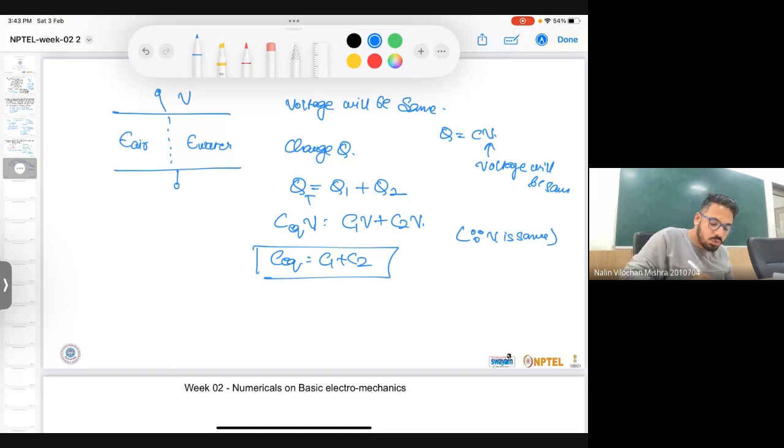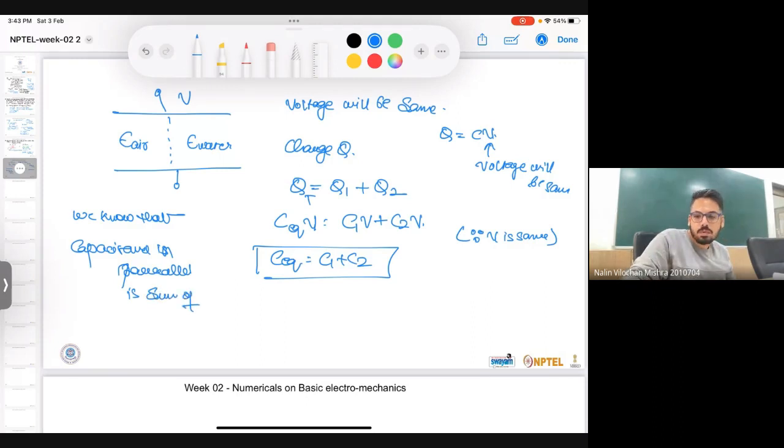And we know that capacitance in parallel is basically the sum of all capacitances, right?